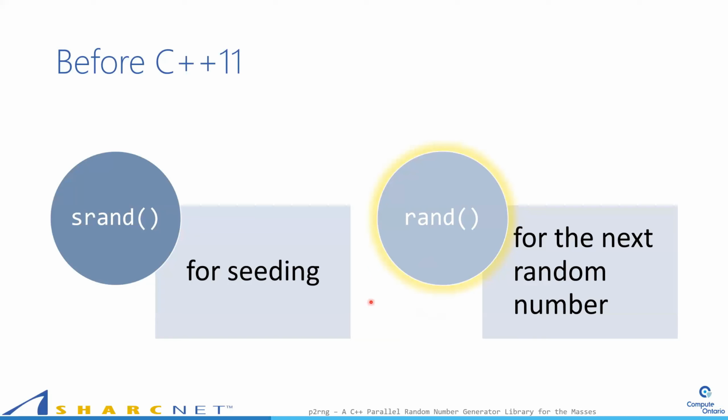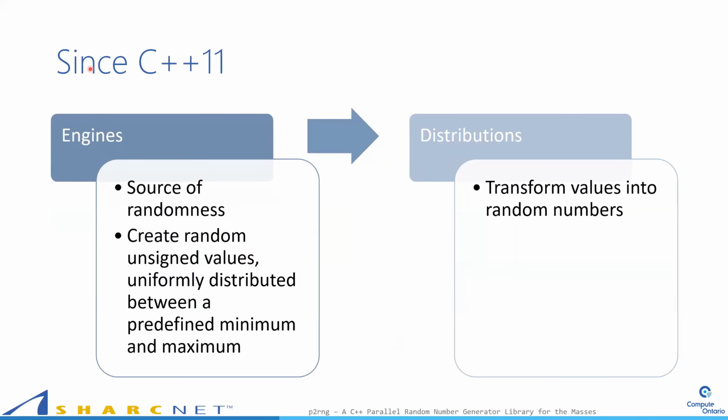And the common practice was to use the modulus operator to bring them into a range. Since C++11, the random library became more sophisticated and provided multiple engines and many well-known distributions adopted from the Boost Random library.